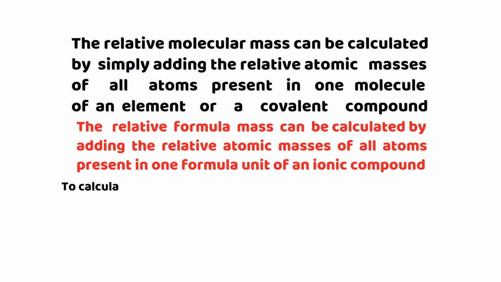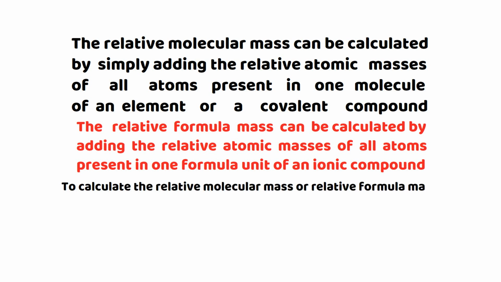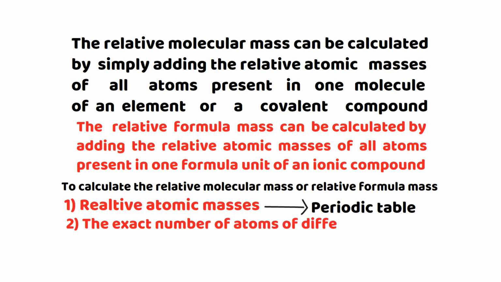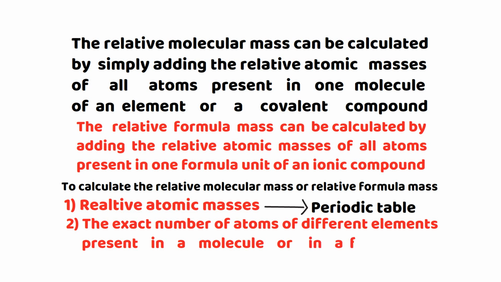So, to calculate the relative molecular mass or relative formula mass, we need to know the relative atomic masses, which we can see from the periodic table. And secondly, we should know the exact number of atoms of different elements present in a molecule or in a formula unit. Let's see some examples.